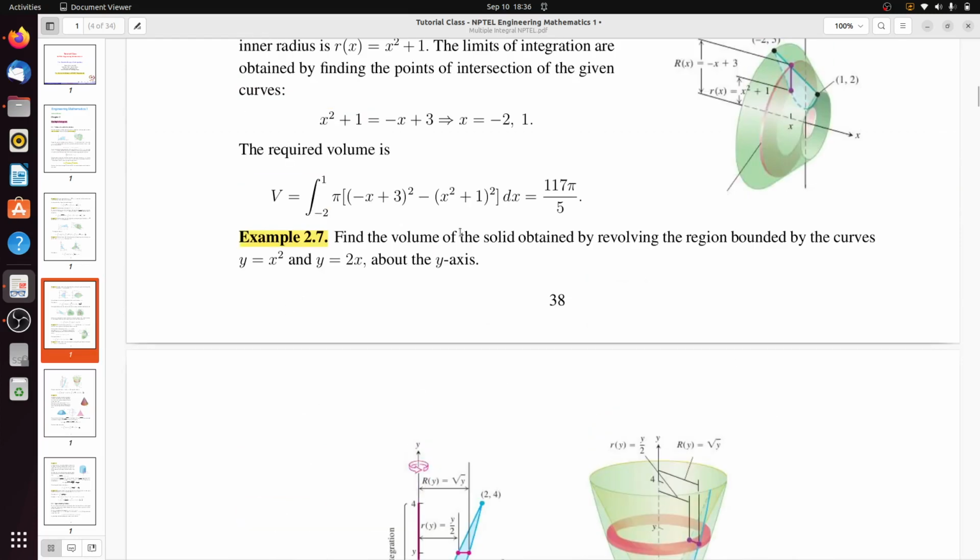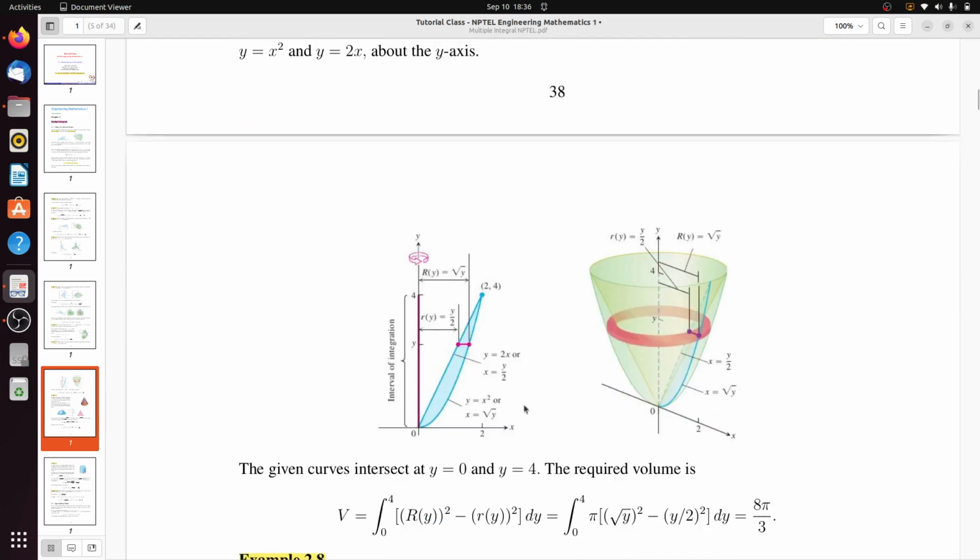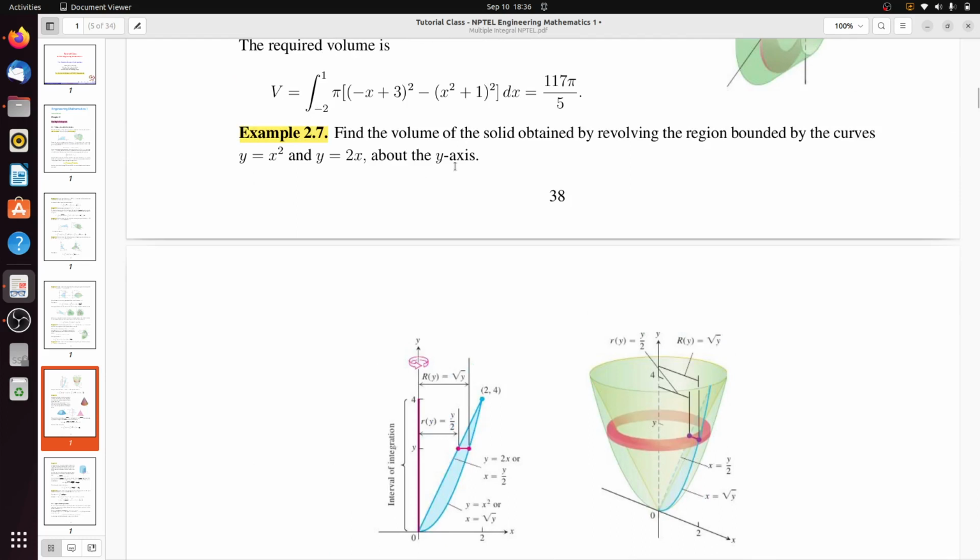Similarly, you can extend this concept around the y-axis also. So I am skipping this question because it is a bit easy, you have to just use the formula. Here it is y equal to x square, but you have to find the solid obtained by revolving the region bounded by these curves about the y-axis. So you have to write it as x equal to square root of y and x equal to y by 2.